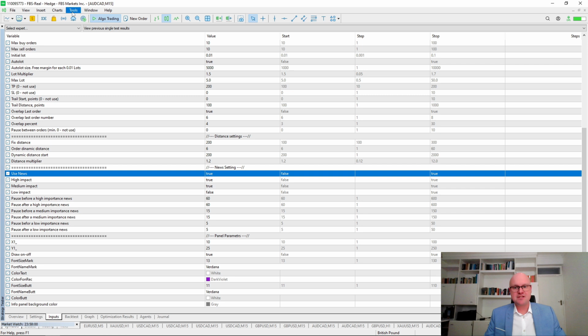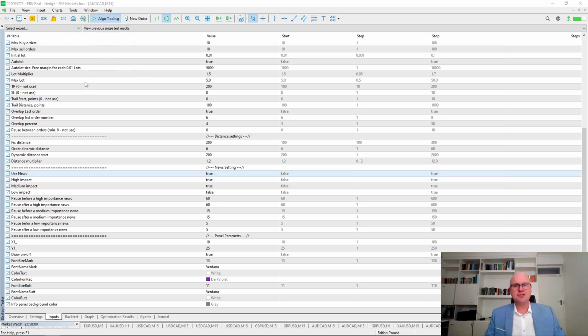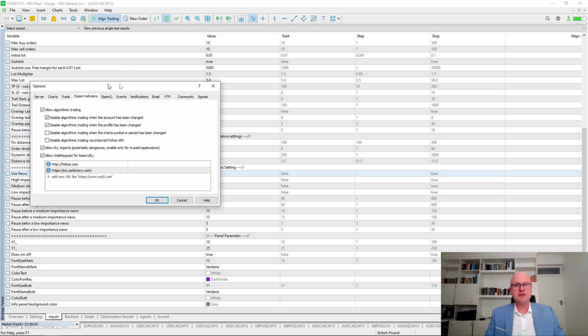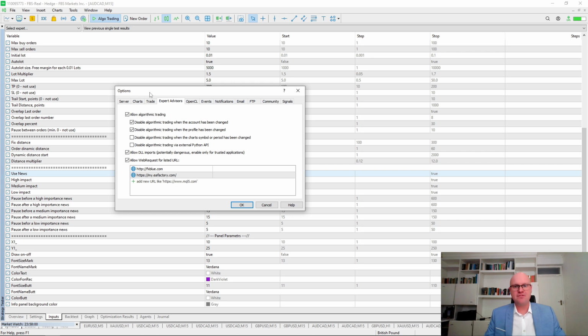Now, on top of this, to ensure that your news filter is working correctly, you'll need to add a couple of URLs to your terminal. For this example, I'm going to go to the options and then select Expert Advisor and then add the URLs which will be listed once you've downloaded the EA.